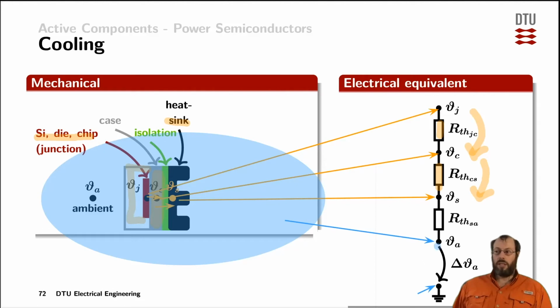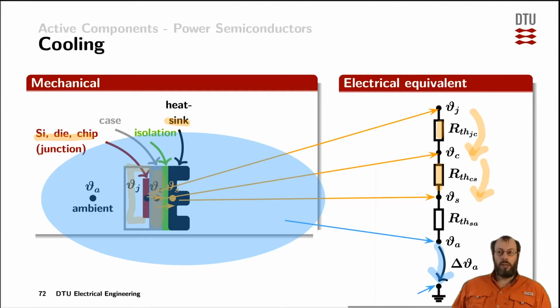In many use cases, this ambient temperature can be room temperature or 25 degrees Celsius, but most of the power electronic devices are also specified to operate at higher temperatures. In cases where the ambient is not air, it could be the vacuum out in space, or it could be even water or other liquids if the power electronics are submerged.